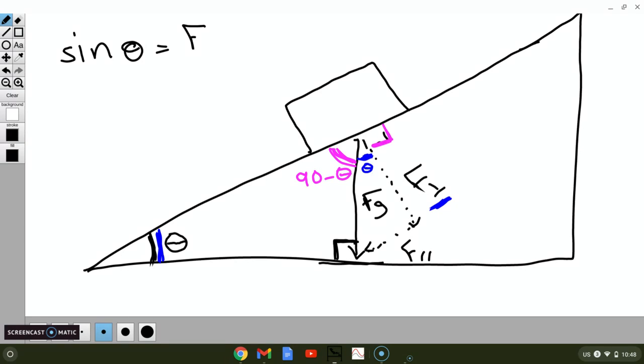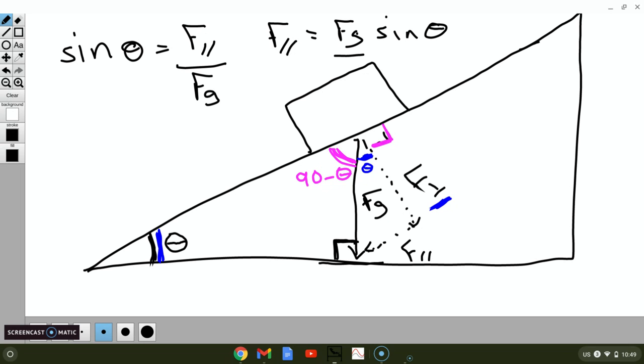Opposite would be the parallel component divided by FG, or that parallel component is equal to FG sine theta. Now, remember, FG is equal to mg, so this is the same thing as saying mg sine theta.